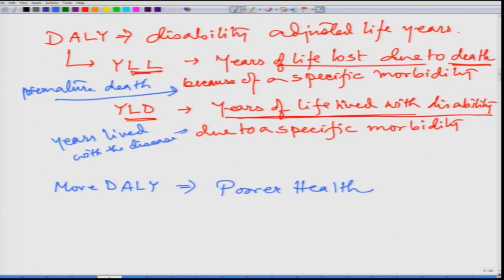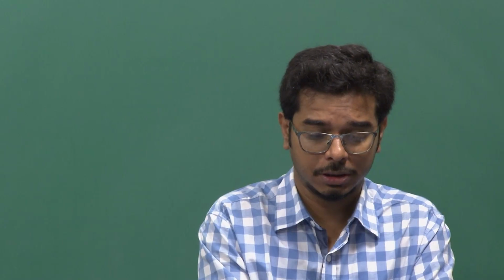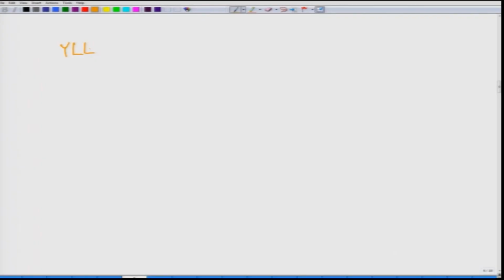First we will try to estimate YLL, very simple. Let's take a very simple example, for a particular area, a particular population, or even a particular individual.